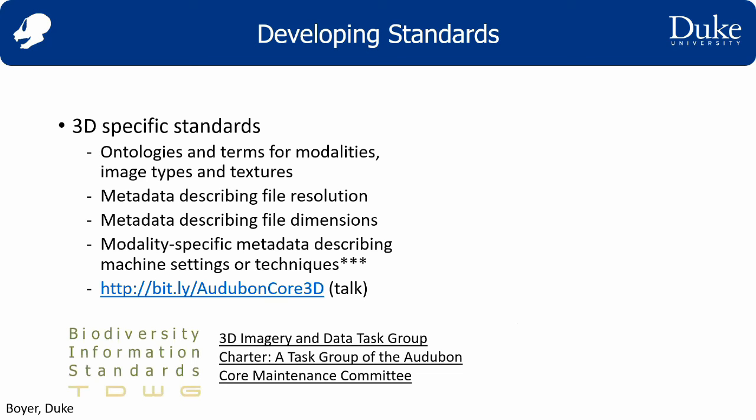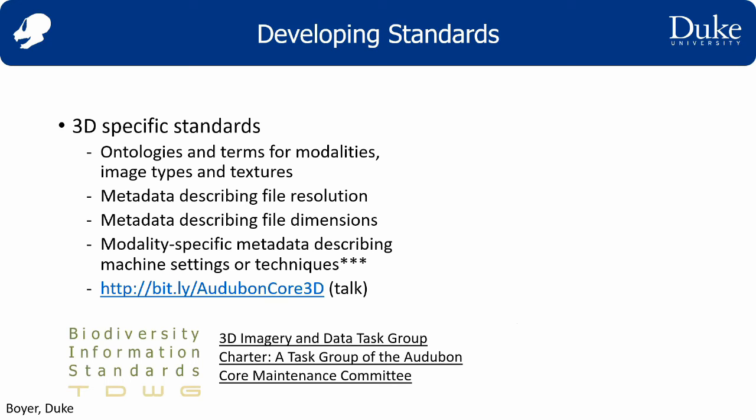But of course, there are lots of 3D specific standards, and we focus on things like ontologies and terms for modality, image types and textures. Metadata describing file resolution is critical, probably the most critical, along with metadata describing file dimensions. This metadata isn't that important when we're talking about a single digital 2D photograph.